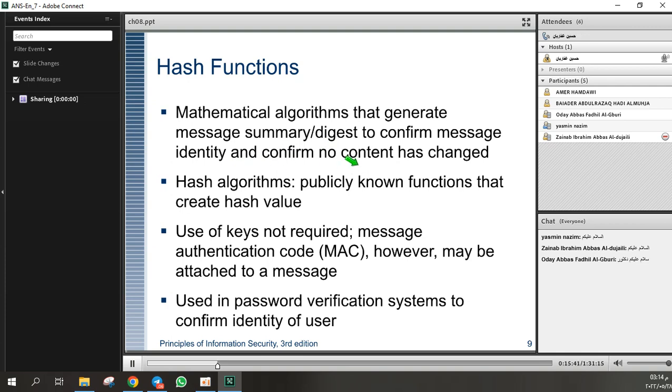Those hash algorithms are public. They are well-known functions. Why? Because nobody can dehash the messages. Nobody.